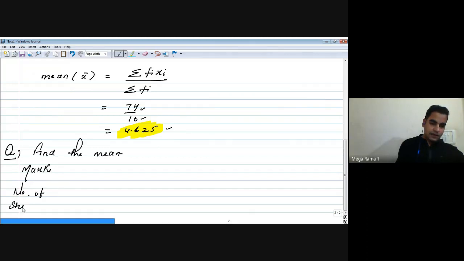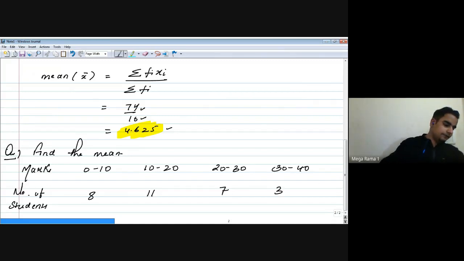Number of students that we have: 0 to 10, first interval; 10 to 20, 20 to 30, 30 to 40; 8, 11, 7, 3. Okay, find the mean. And don't hurry while solving it. Please cross check your calculation.